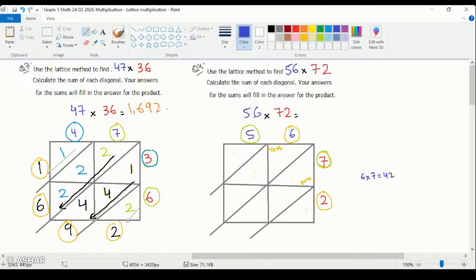I'm changing so that the confusion would not be there. All the numbers are different now. 5, 6, 7, 2, right? How do we write 42? We write 4 here, we write 2 over here.